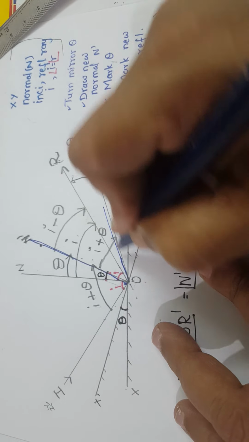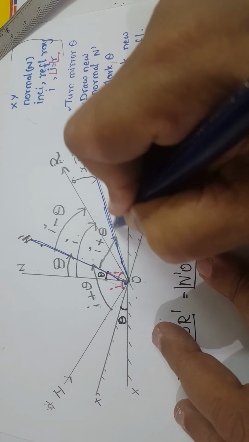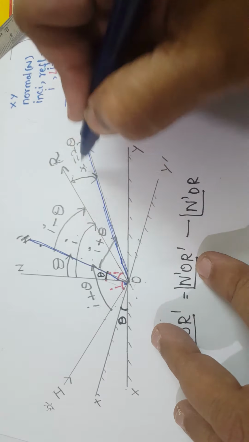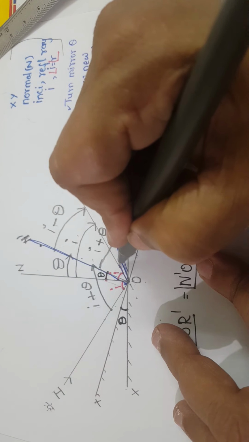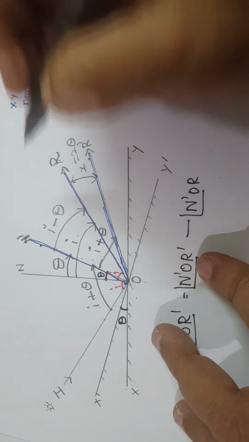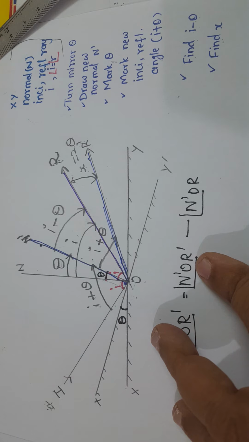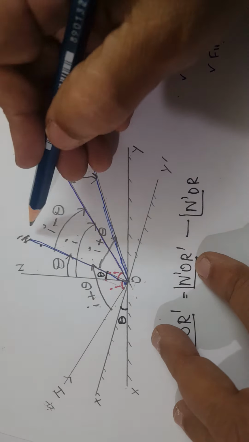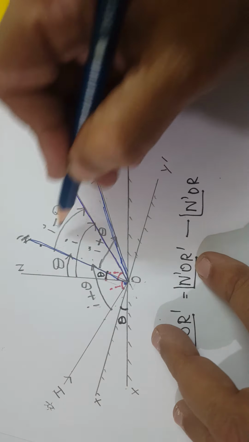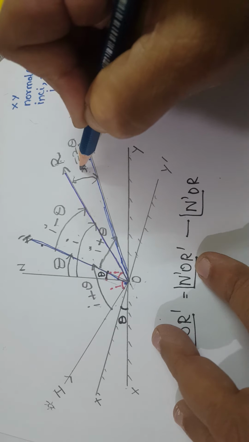from this angle N dash O R dash, if you subtract this, I will use some other color, you will get this, right?